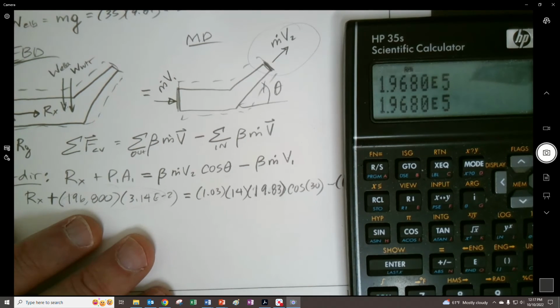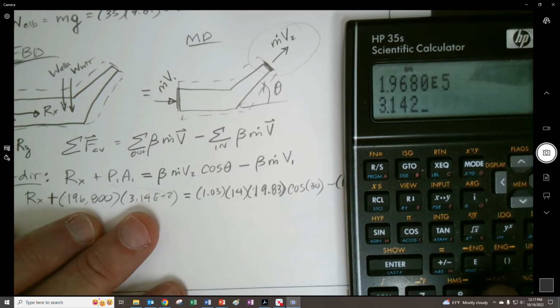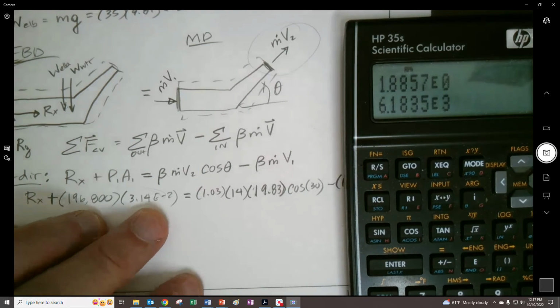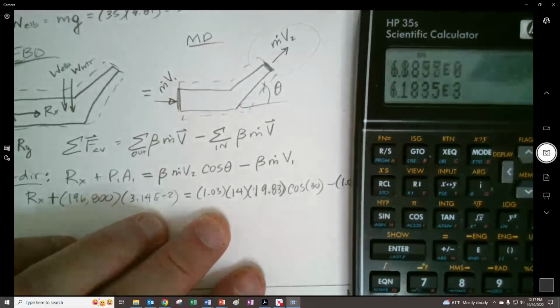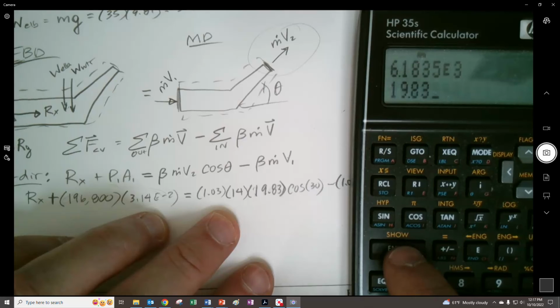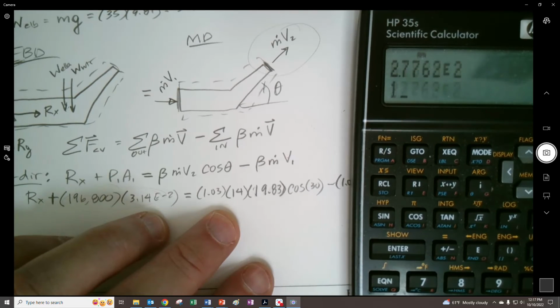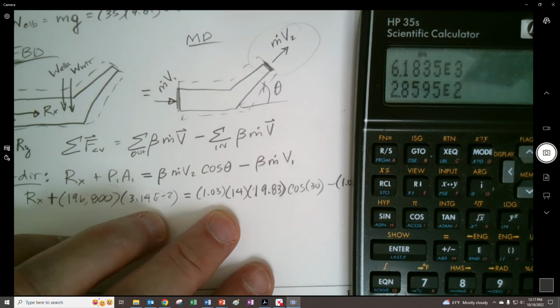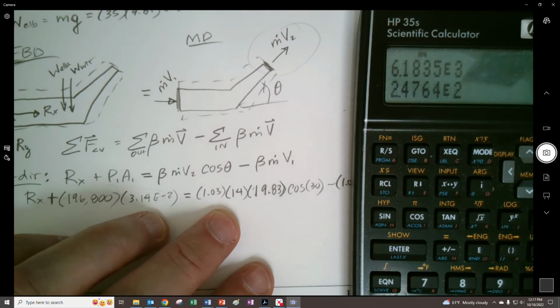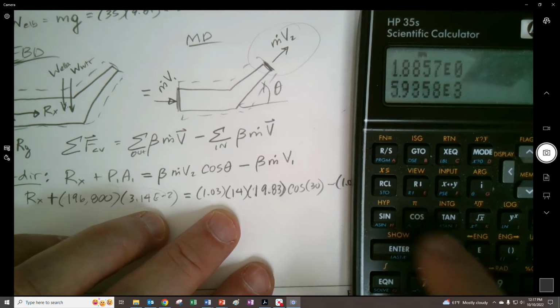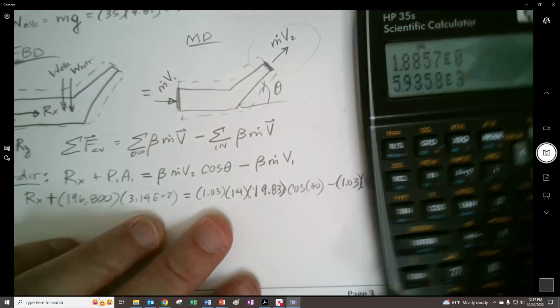Let's see, 3.142 E minus 2, and then times 6,000. And this right over here is going to be 19.83, 14 times 1.03 times. Yeah, that's not a whole lot, and then that times the cosine. Boom. So it's going to end up being a negative number right in there.